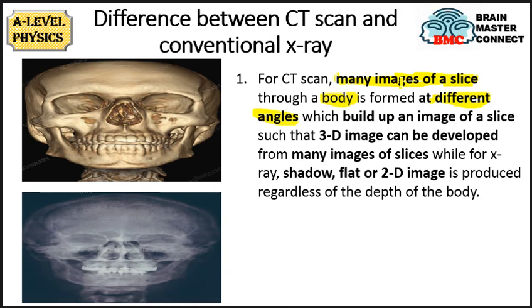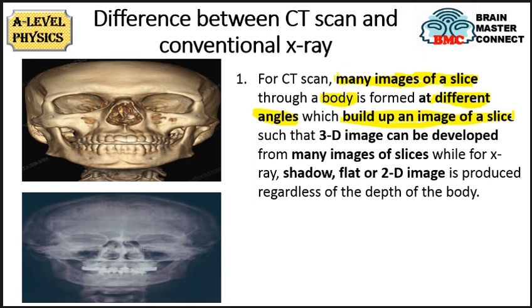Now the images formed are built up to form a single image, an image of a slice. So for many images of a given section, we can form a single image just by combining those images together.